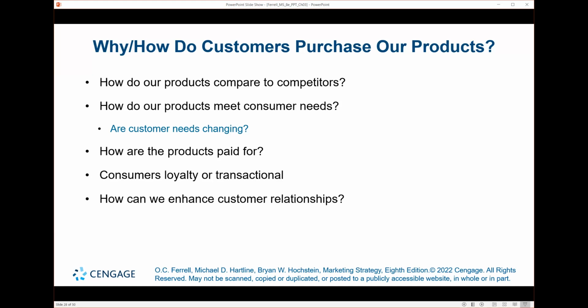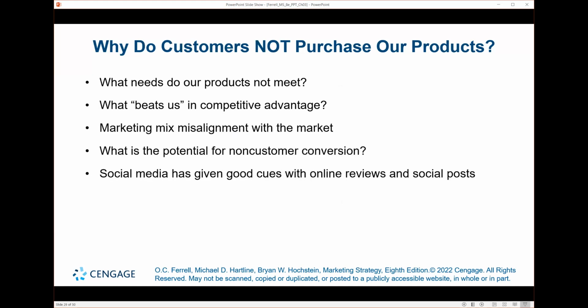The last thing really to understand is, with all of these things, we need to know why they don't. What needs do our products not meet? Can we make a realistic assessment of why customers don't purchase? Can we convert our non-customer?